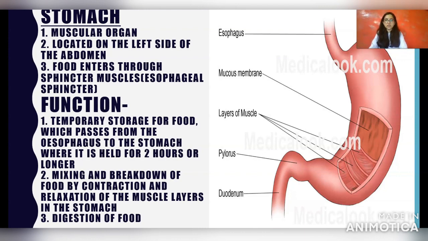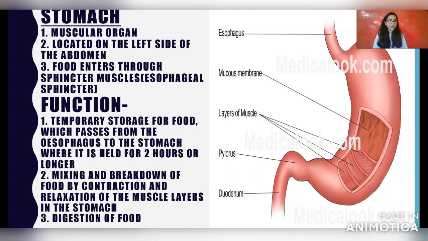So, what is the function of the stomach? Temporary storage of food which passes from the esophagus to the stomach, where it stays for 2 hours or longer. It mixes and breaks down food by contraction and relaxation of the muscle layers in the stomach.